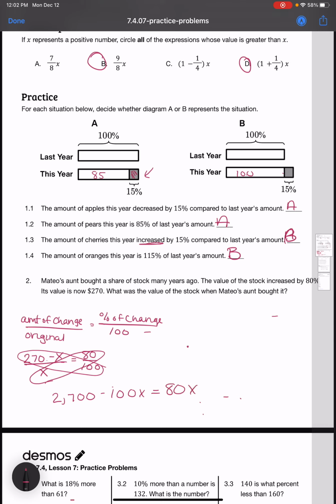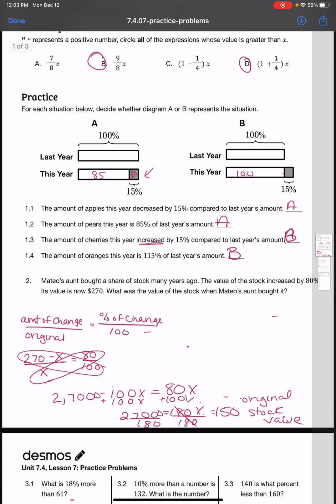Now I can put my like terms together, so I can add 100x to each side. So I get 2,700 equals 180x. And now I could divide both sides by 180. 2,700 divided by 180, I think I was off by a zero, I'm sorry, is going to give me 150 was the original stock value.